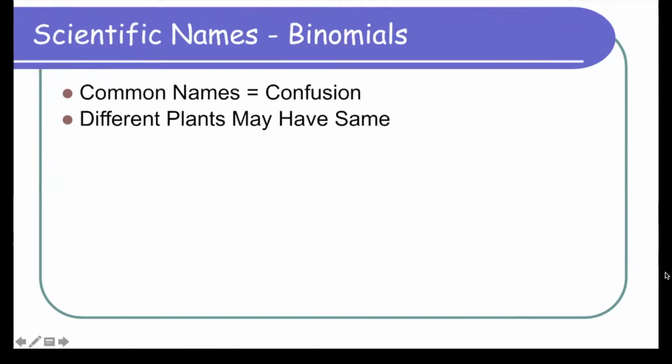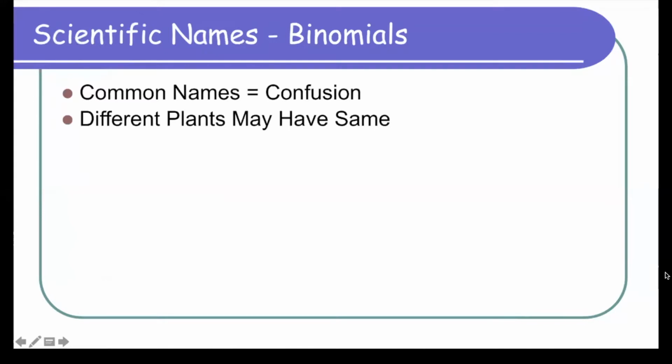We discussed this in the second class that we had together. Whenever you use scientific names, you seem more professional and you seem that you know your plant material more, and it comes off that you know your stuff. So I would use that over common names.